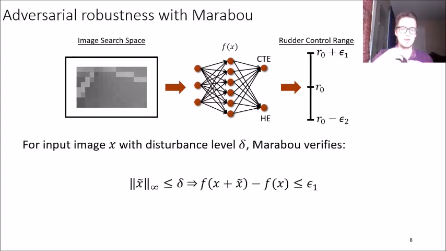And we want to find the input disturbance that could cause the neural network to change its output by as much as possible. So in this case, we're considering pixel-wise disturbances bounded by this value of delta. And we would be asking, is there an image within this delta region where the rudder command changes by as much as epsilon 1, for example? Marabou is an SMT solver, so it's either going to say yes, there is some image, or no, none exists.